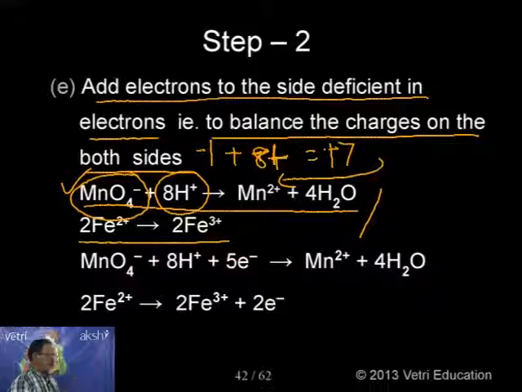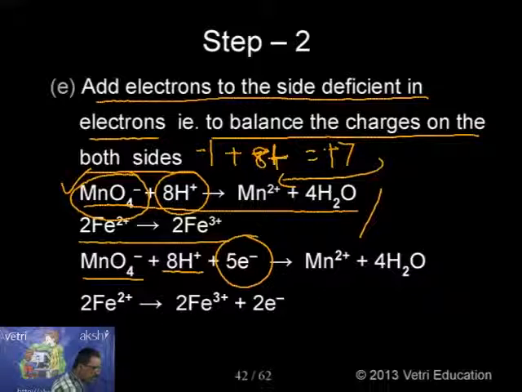So in order to balance this, the rule 2E says add electrons. And which side do I have to add? Now I am adding on the left hand side. I have already pointed out here 8 plus, this is 1 minus, so 7 plus. From 7 plus, if I add 5 electrons, 7 plus minus 5 negative, so automatically 2 plus on the left hand side, right side also 2 plus. Now the charges are balanced.